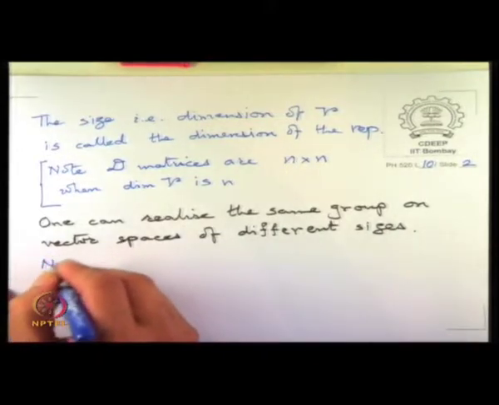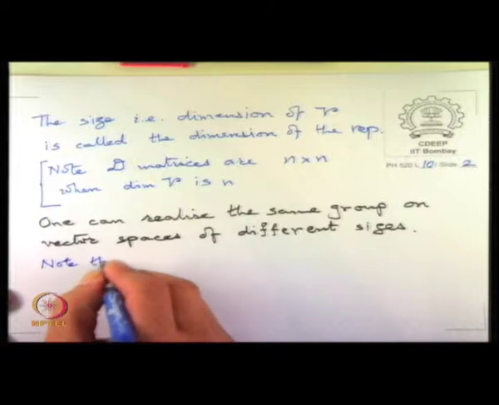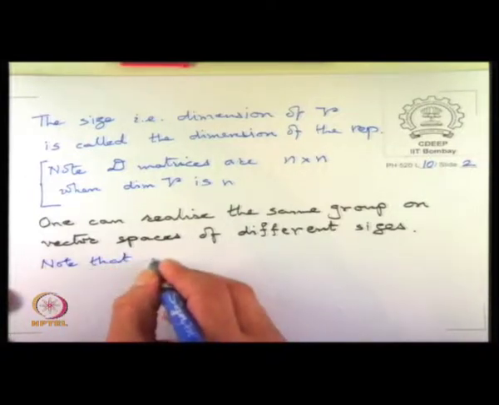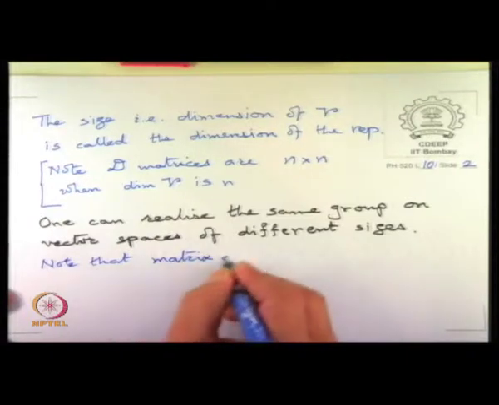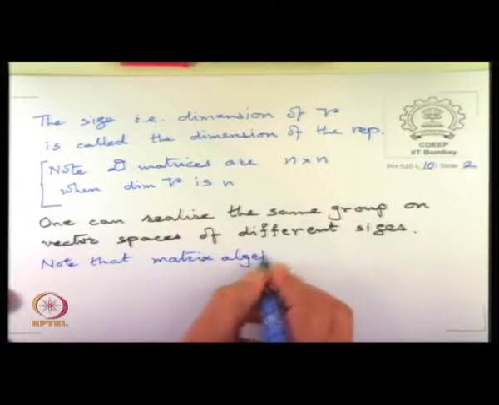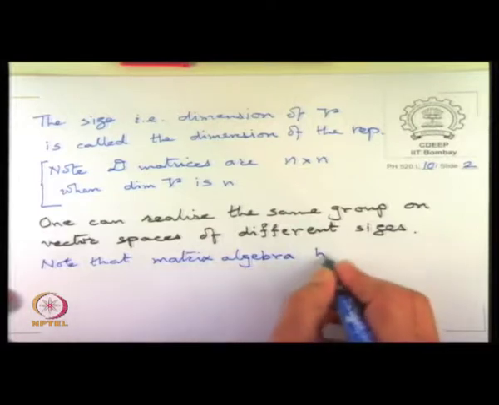Note that matrix algebra has a naturally endowed group structure.